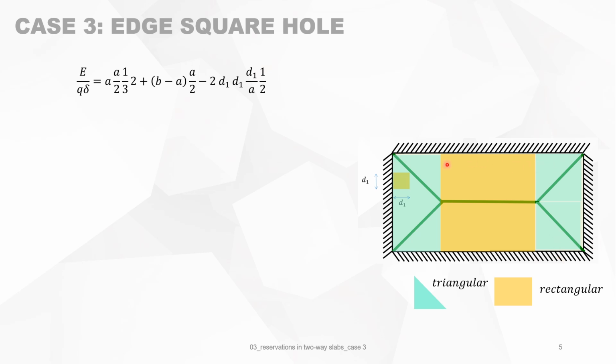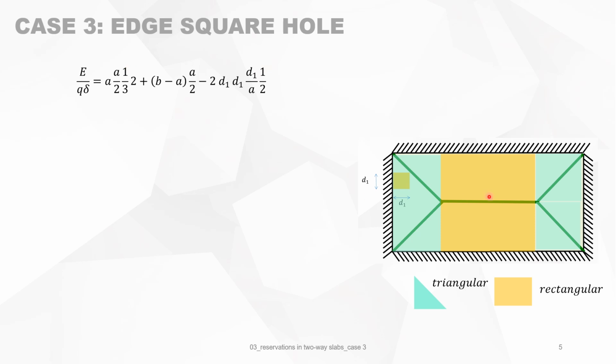So the green colored area is triangular elements, and the orange one, the rectangular. So we know that for the triangle elements, the mean deflection is delta over 3.